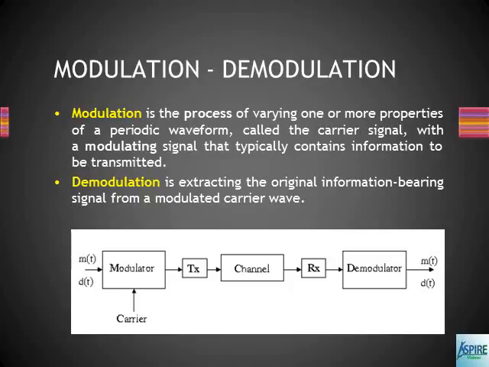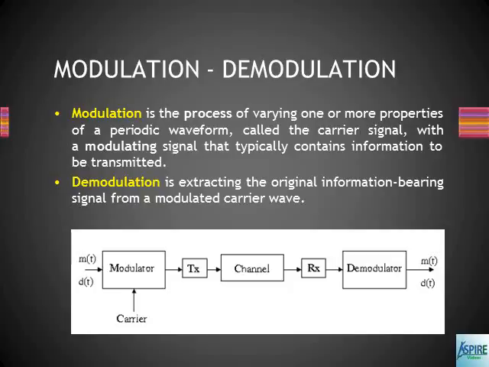You can see the image below. Here a modulator is at transmitter side and demodulator is at receiver side. Modulator does the modulation and demodulator is used to demodulate the signal.